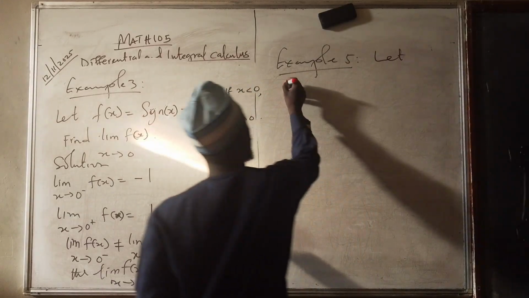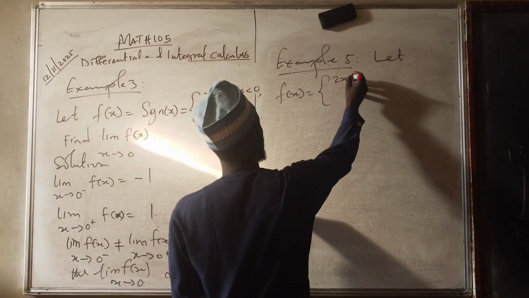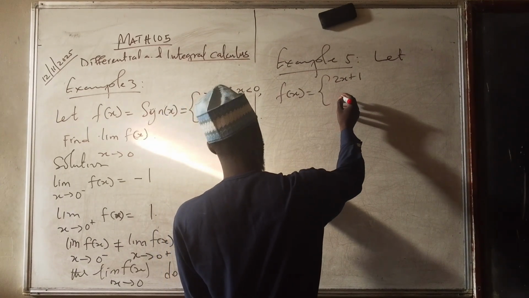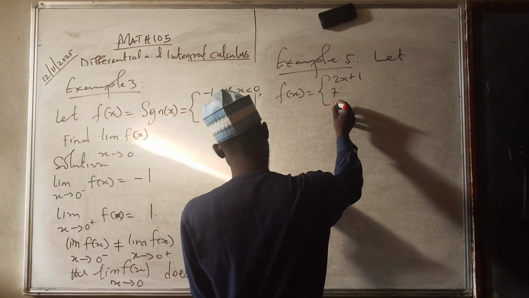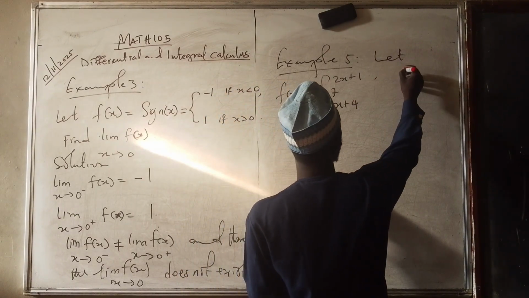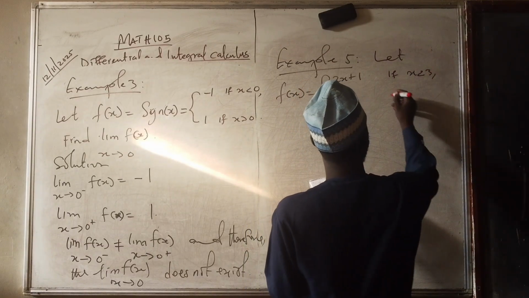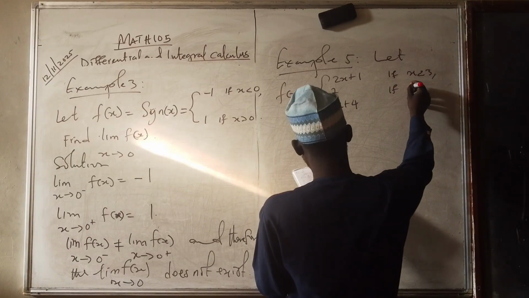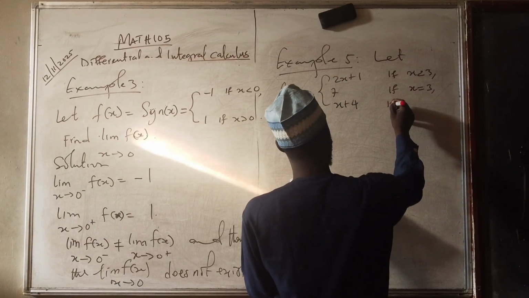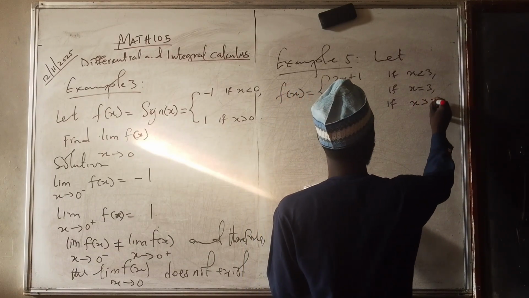Let f of x be equal to 2x plus 1 if x is less than 3, 7 if x is equal to 3, and x plus 4 if x is greater than 3.